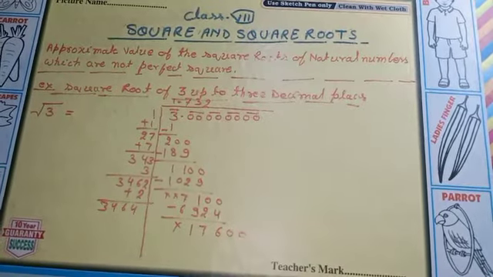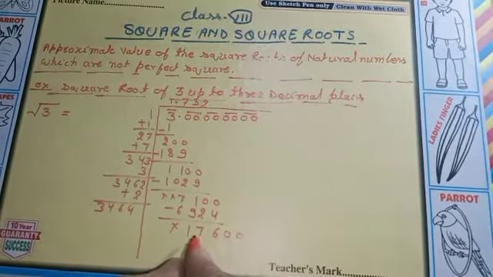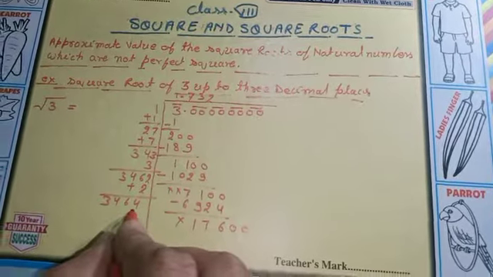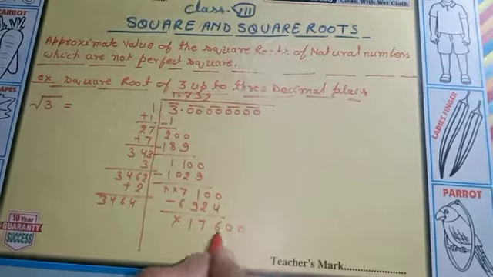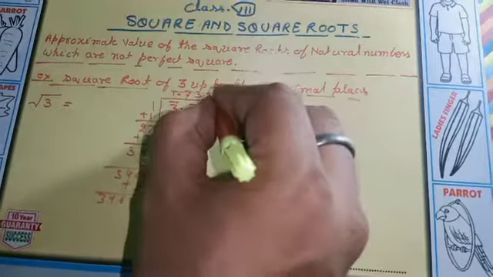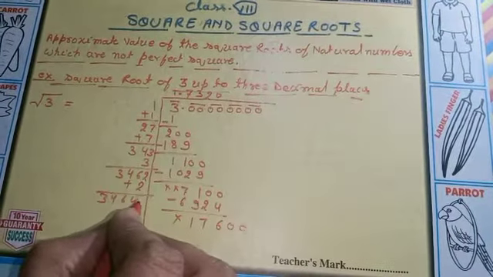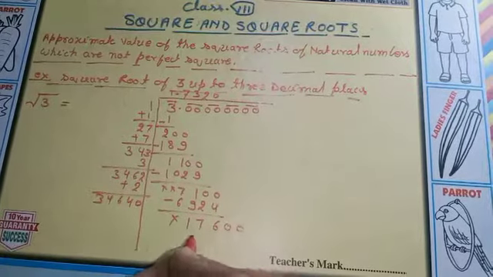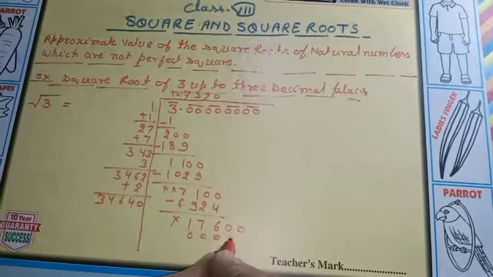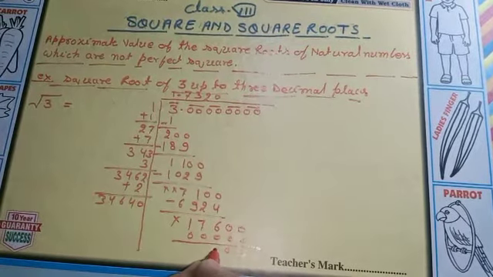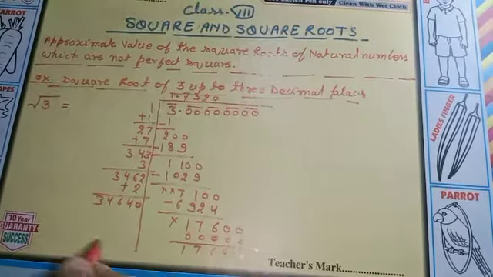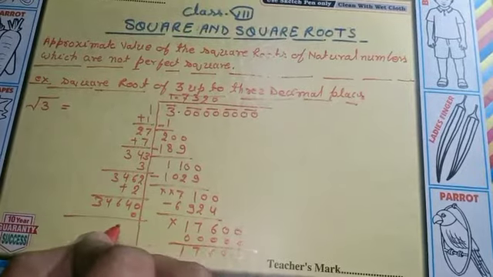Now if we divide by 17, suppose this goes 1 time, it becomes more than 17,600, so this goes to 0 times and that value becomes 0. And now here 0.